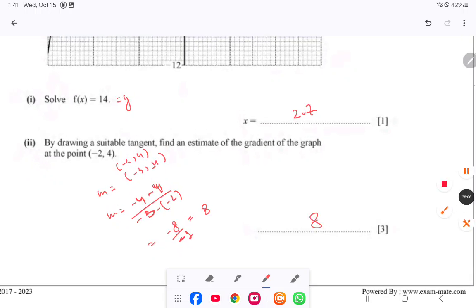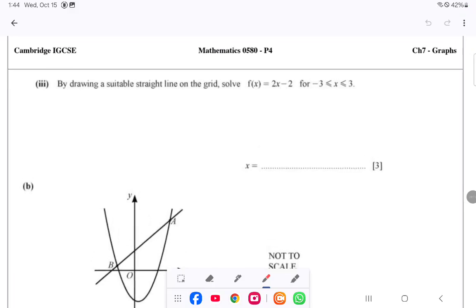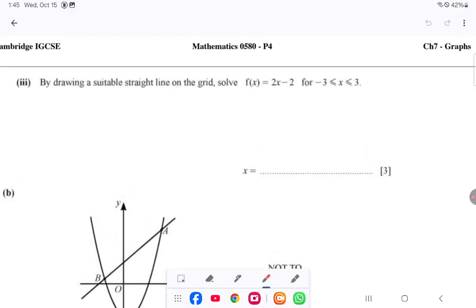So in the third part, we have to draw a suitable straight line on the grid with the help of the given condition. This is y is equal to 2x plus 2. So first we can arrange this equation: subtract both sides with 2x, add both sides 2, is equal to 0.